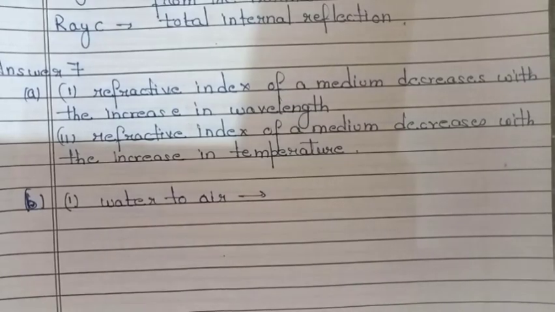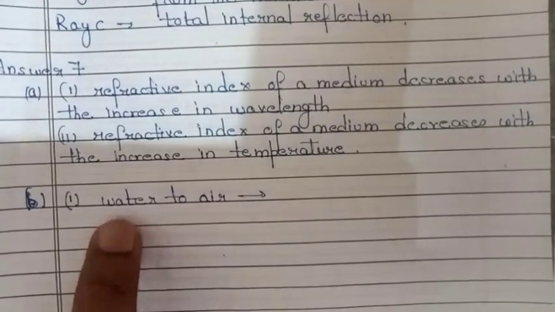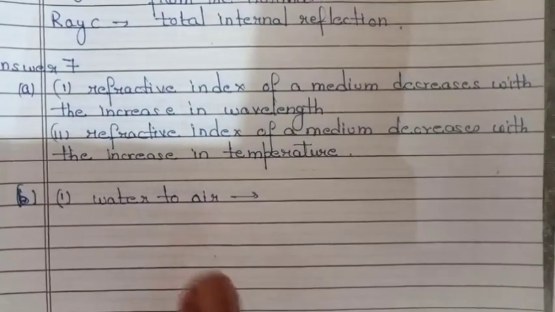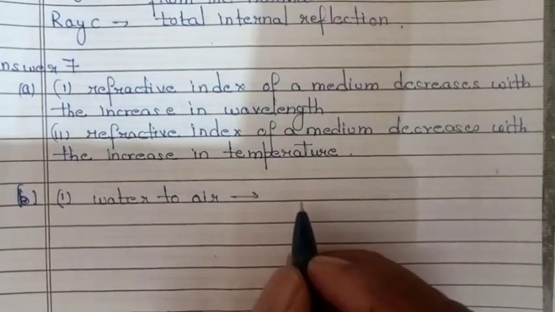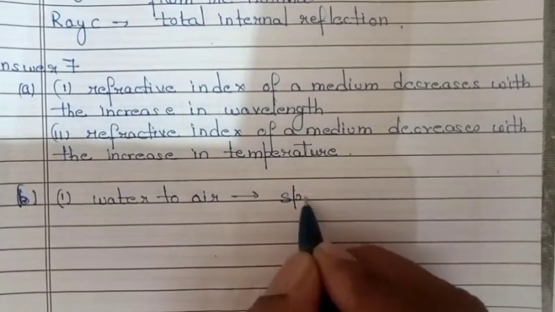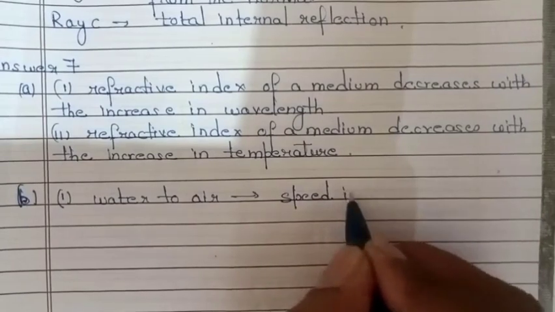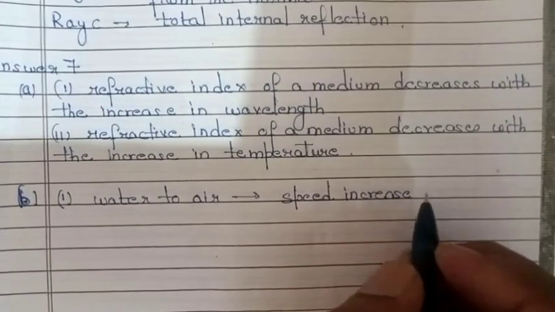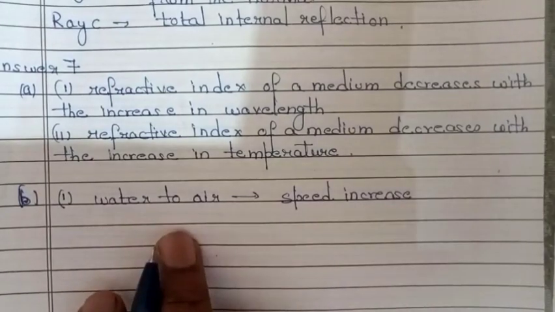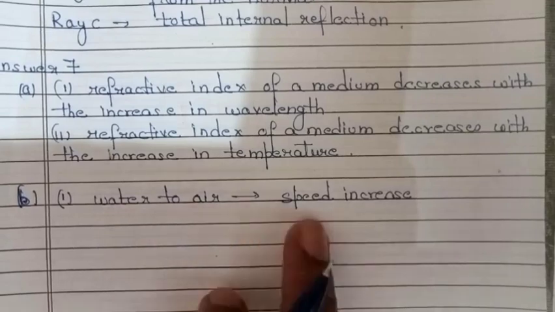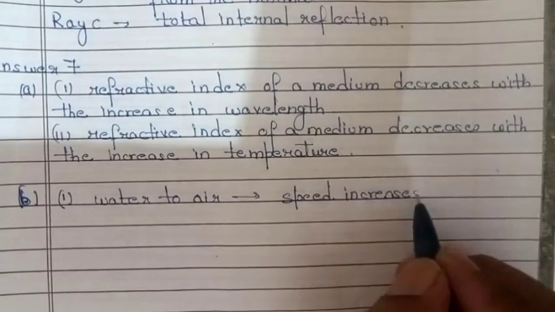So light is traveling from denser to rarer. As the light travels towards the rarer medium, its speed increases. So we can write that the speed increases. Whenever light travels from denser to rarer, its speed will increase.